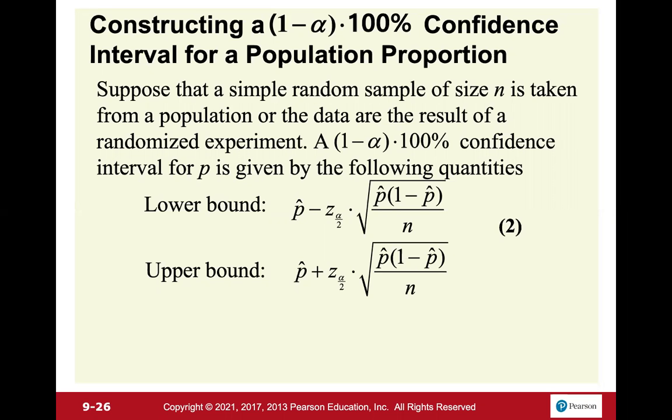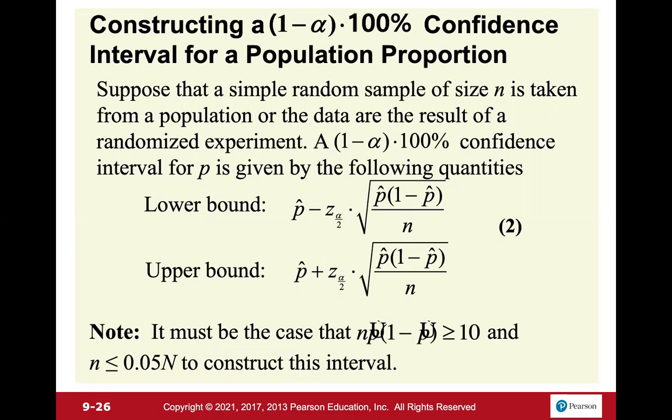So just to make it a little bit easier, we're adding and subtracting our margin of error, which is z sub alpha over 2, our critical value, times the square root of p hat times 1 minus p hat divided by n.